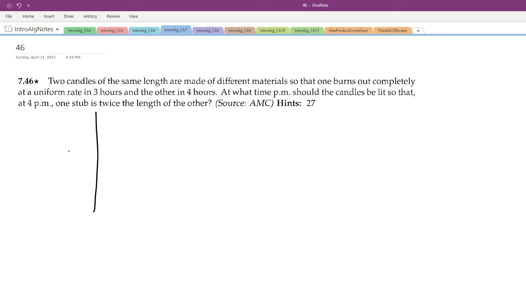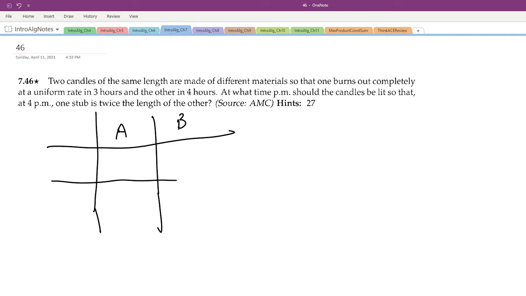So basically the question is, we have the two candles, and we have the time, so we can calculate the speed. For one candle, each hour it can burn 1/3. For the other one, each hour it can burn 1/4.